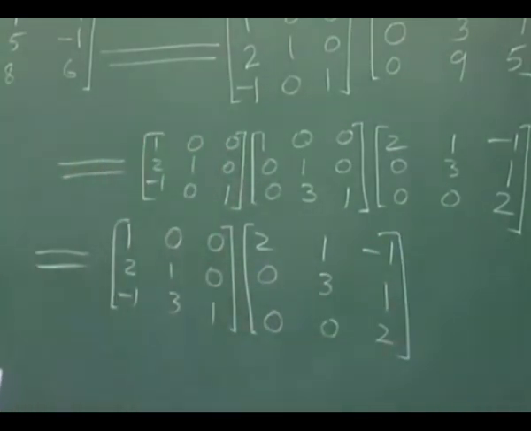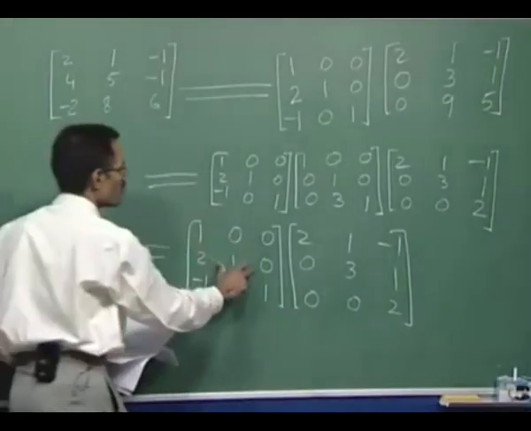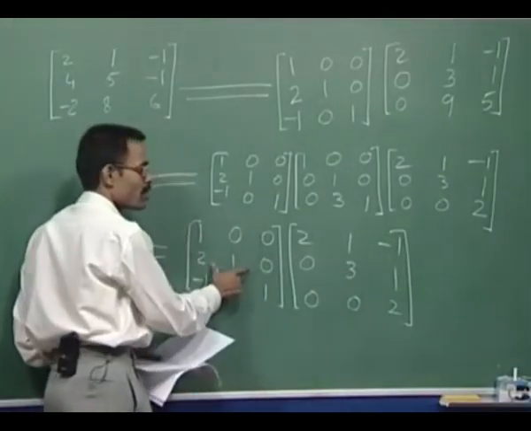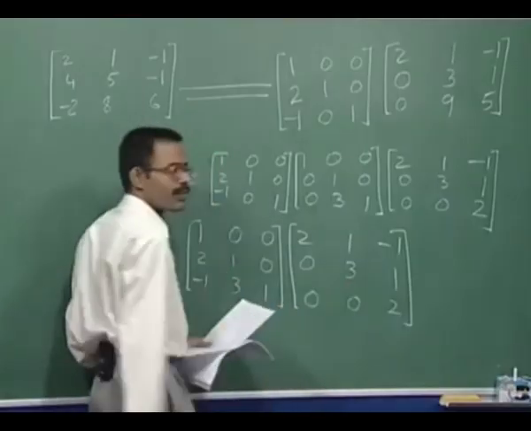Okay. So, this is the decomposition of the original matrix into 2 parts, 2 factors, one is lower triangular and the other is upper triangular, right.